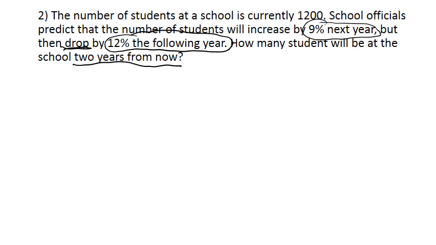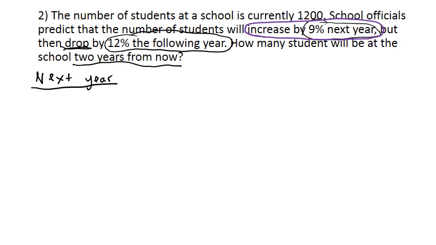So there's several ways we can do this. The first way is we can do it 1 year at a time. So let's start by looking at next year. So it tells us that the number of students will increase by 9% next year. So that's the only part we're going to look at.